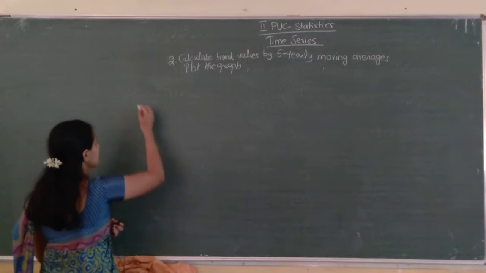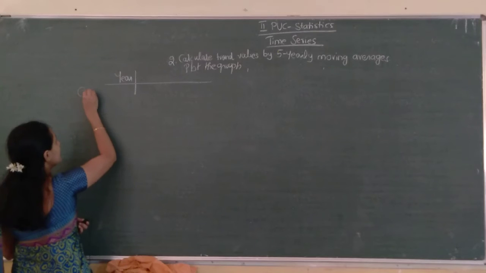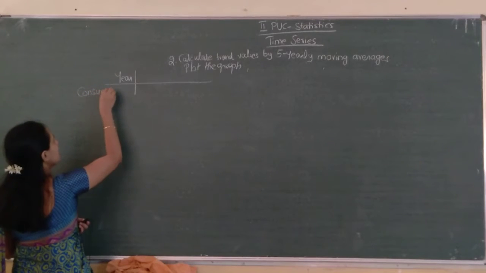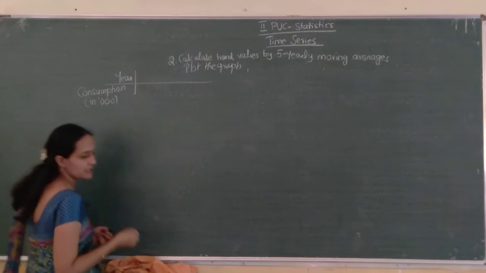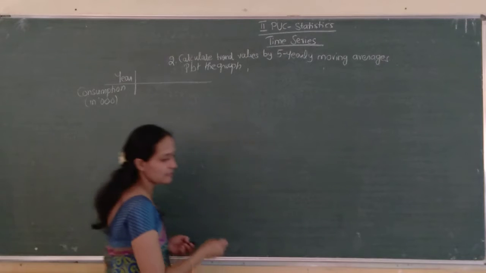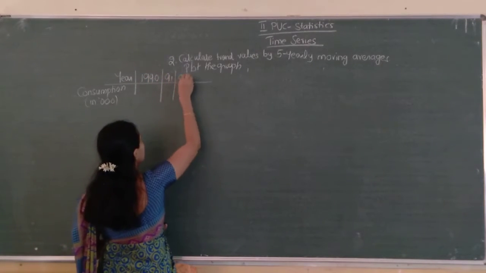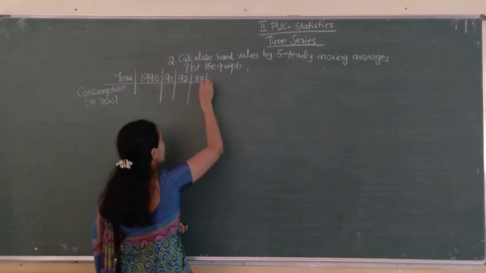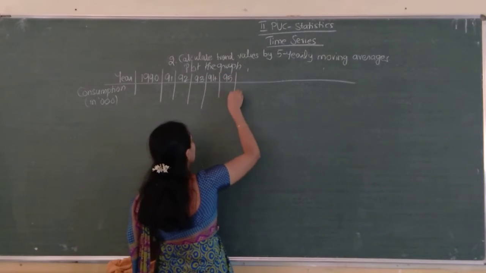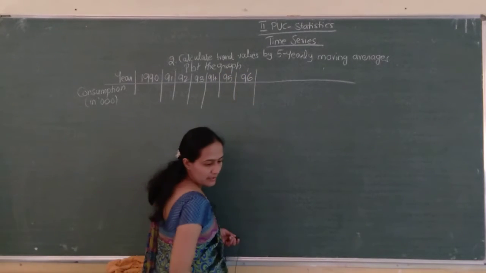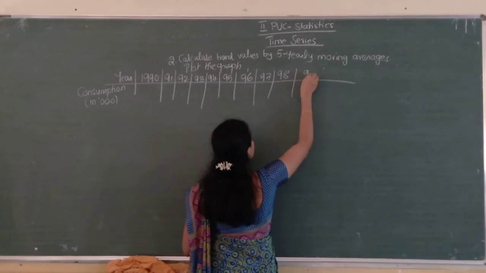Second problem: year and consumption in thousands. 1990 onwards: 1990, next 91, 92, 93, 94, 95, 96, 97, 98, 99.